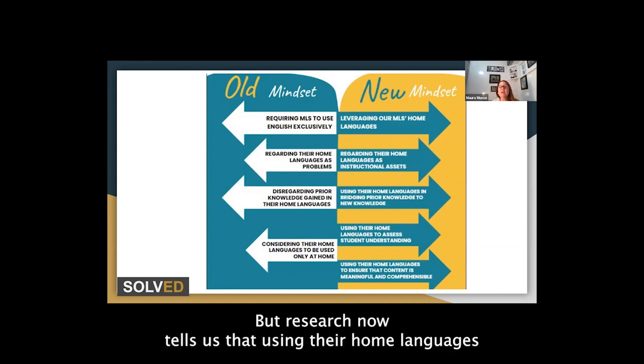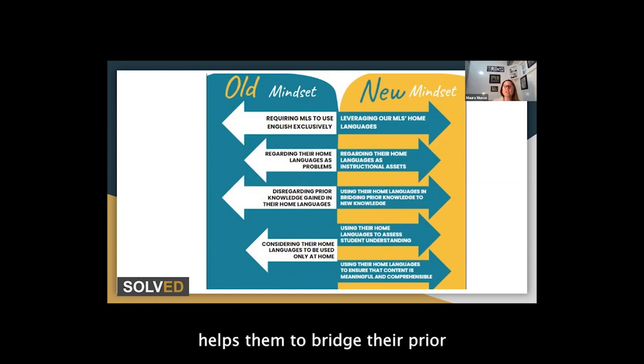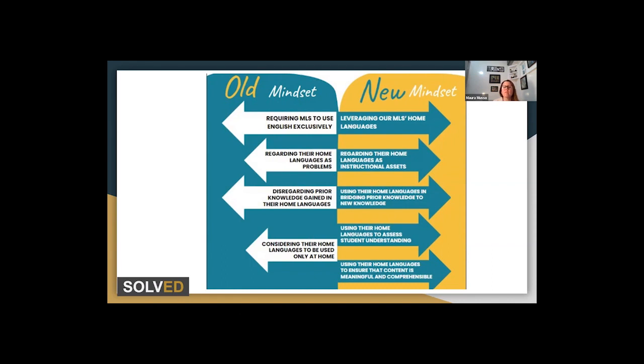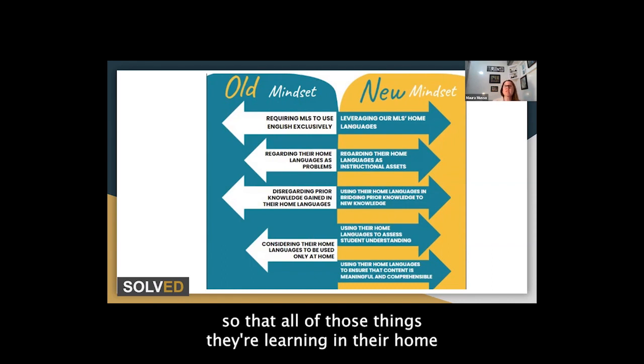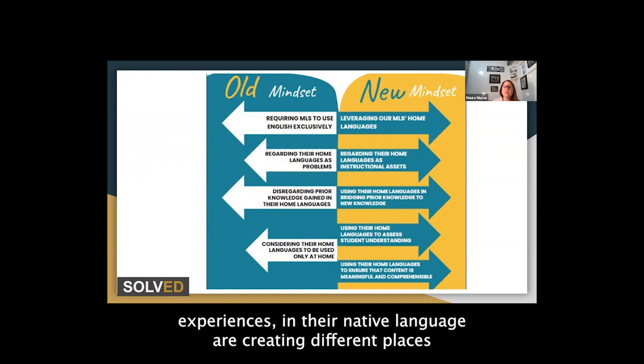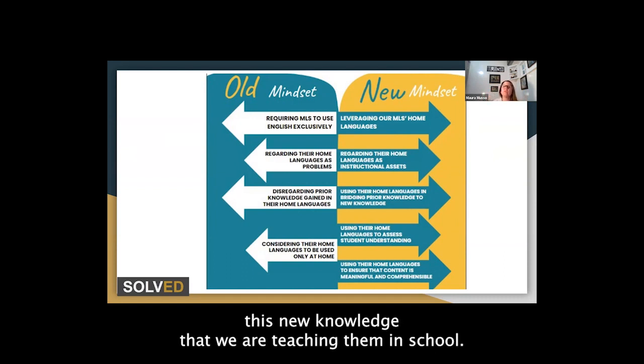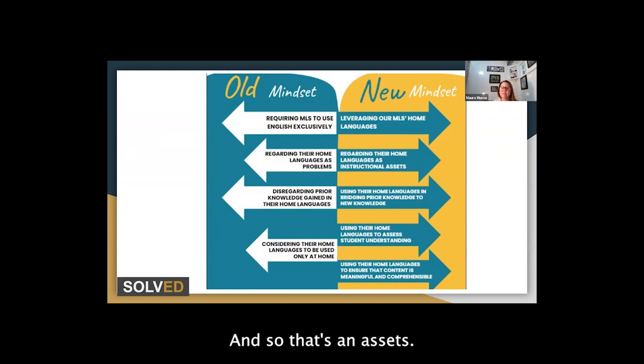But research now tells us that using their home languages helps them bridge their prior knowledge to the new content being taught in school. All of those things they're learning in their home experiences in their native language are creating different places within their brains to connect this new knowledge that we are teaching them in school. And so that's an asset.